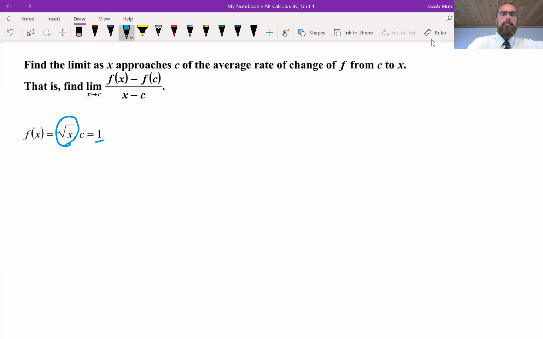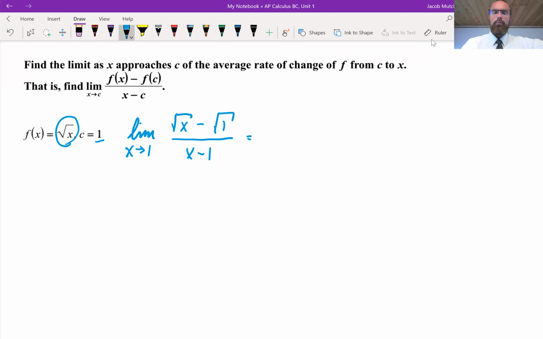So let's set up our limit expression as limit as x approaches 1 of f of x is just square root of x minus square root of 1 over x minus 1. So that's the setup. Again, I've completed that part.